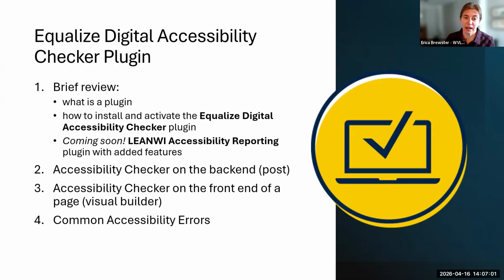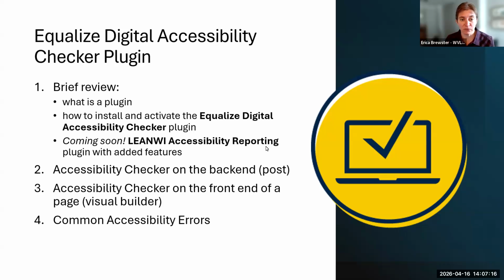And then know that as the remediation happens, the big sign that your site has been remediated, besides the fact that you'll probably be told it, is that you will see in another plugin and another menu the Lean Wisconsin Accessibility Reporting plugin.